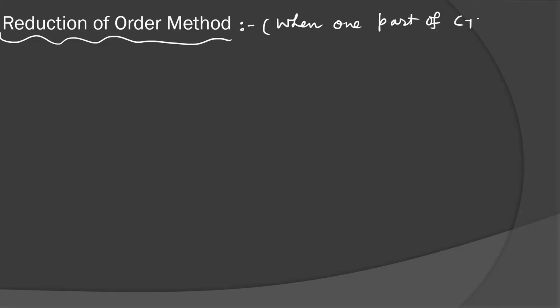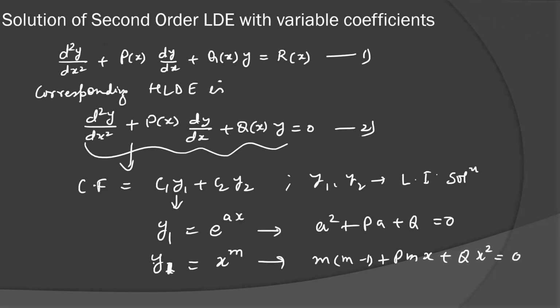Today I will show how to find the complete solution of the given second order differential equation when one part of CF is known. Remember, this method is applicable when one part of CF is given, or you can find it by using these two ways.